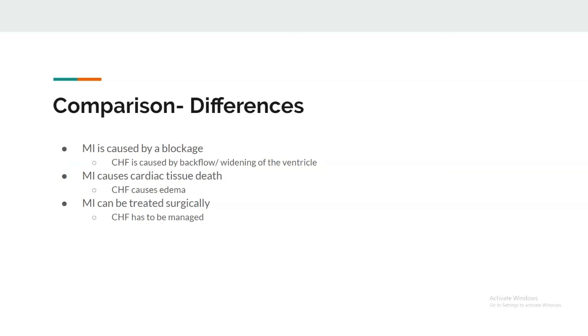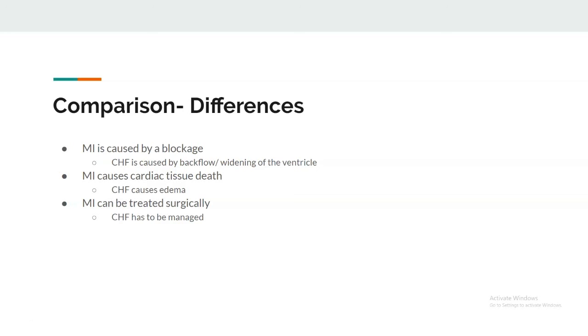Now let's go over some differences, because there are some. MI is caused by a blockage, which is a big thing. It's the whole idea behind the disease: a blockage in the vessel itself. But congestive heart failure is caused by backflow or widening or narrowing of the ventricle.